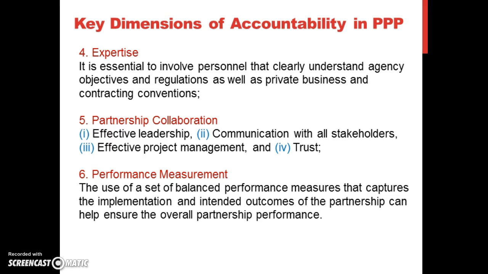Third, effective project management, including clear goals and incentive structure. And finally, trust between partners. The final key dimension of securing accountability in PPP is performance measurement. If public managers can set balanced performance measures for PPP, it will increase the probability of securing public accountability.